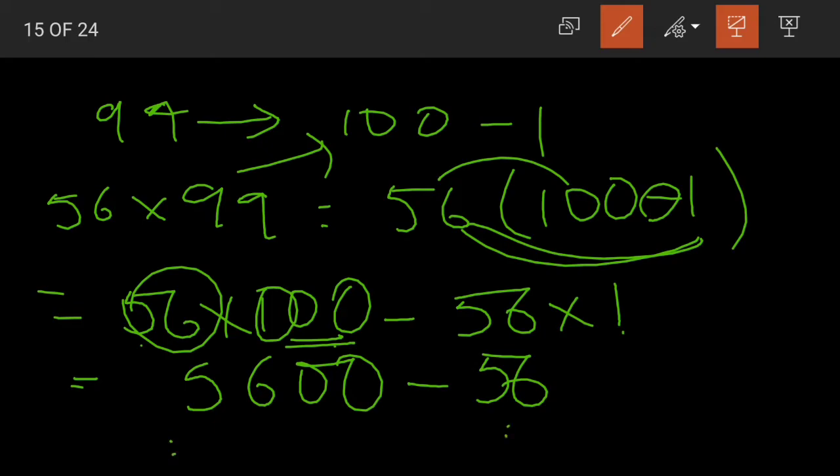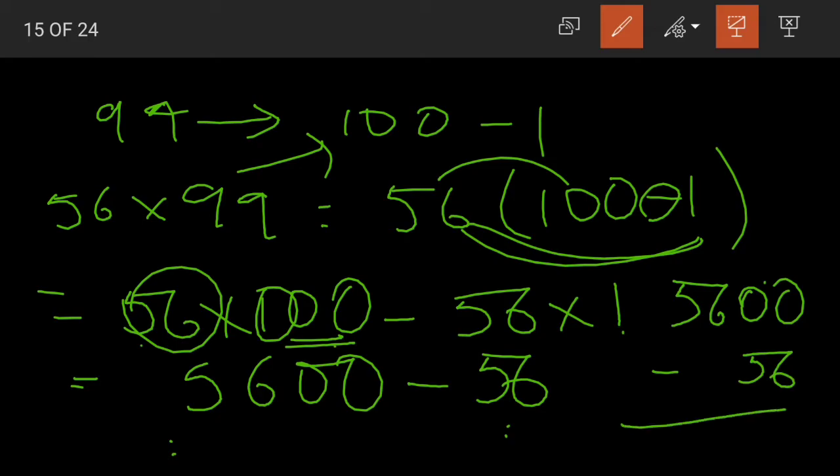Now we need to subtract these two. 5600 minus 56. How to subtract? First 0 becomes 10, next becomes 9 and the last digit after zeros becomes minus 1. In the ones place 10 minus 6, 4. In the tens place 9 minus 5, 4. Here we have 5 and 5. What is the final answer?